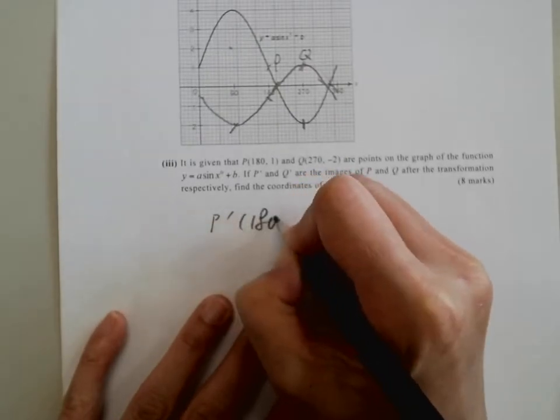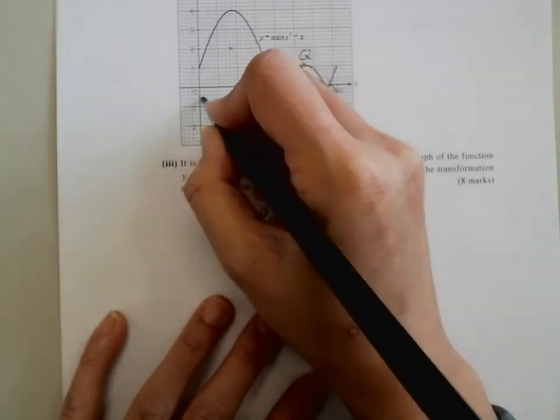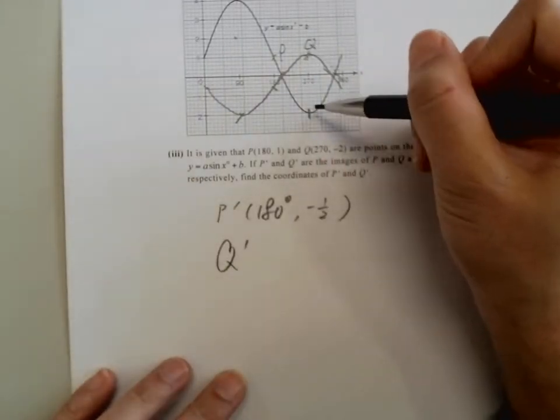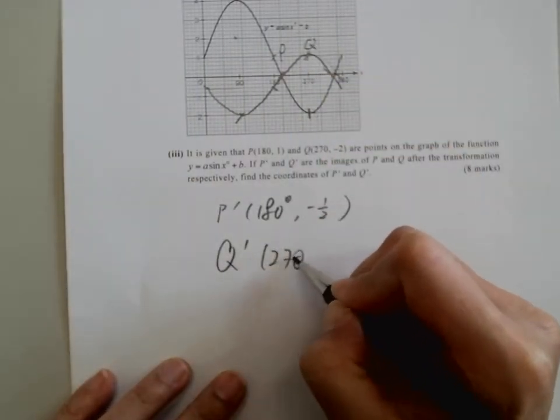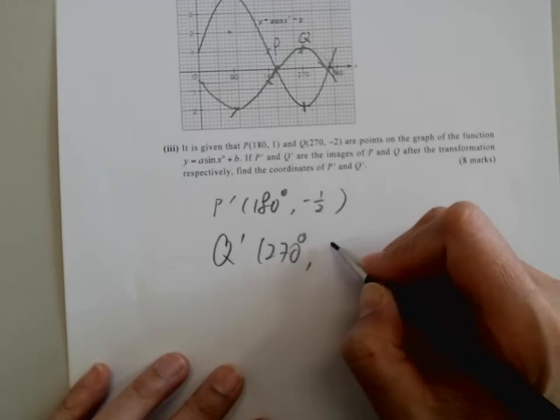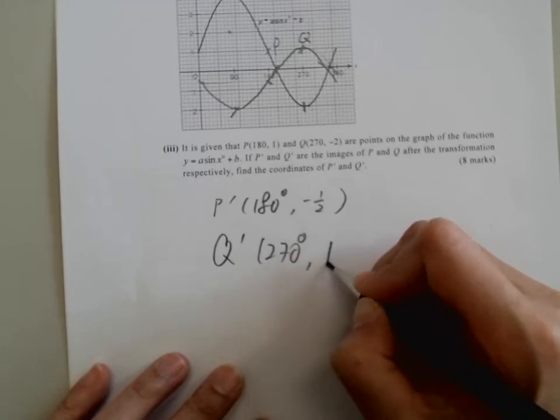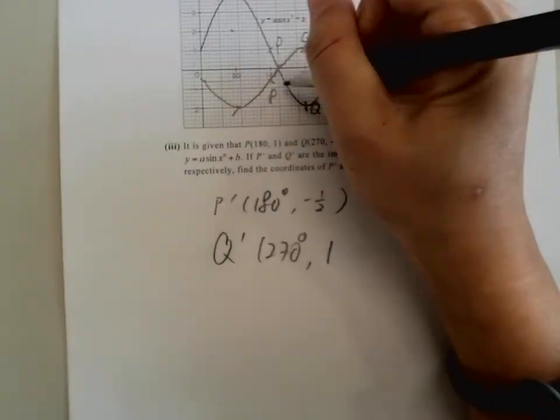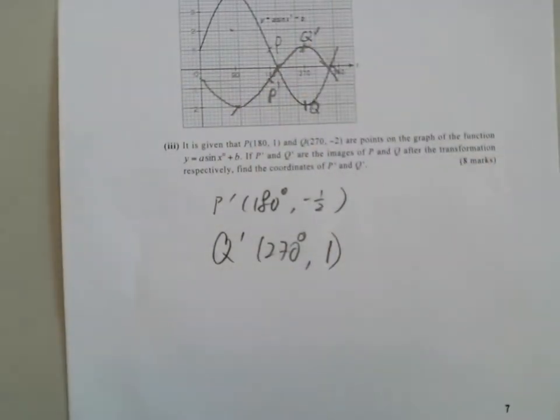It's 180 and 1 over 2, because we got it shortened. And Q is here, so it's 270, and then 1, because Q is here and Q prime is here. This is P. Alright, so we're done with number 7.